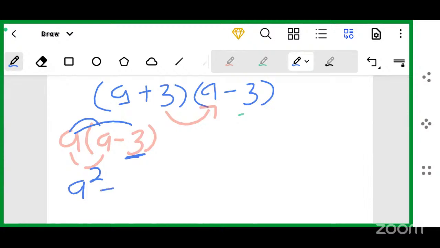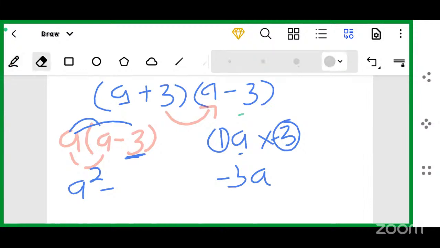It's correct, because we just have to assume that we have a 1. So it's 1a multiplied by negative 3. So what you're going to multiply is this and this, which is going to be negative 3. Don't forget your a, so it's negative 3a. Are we okay?